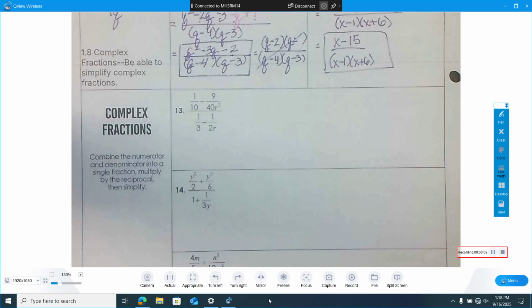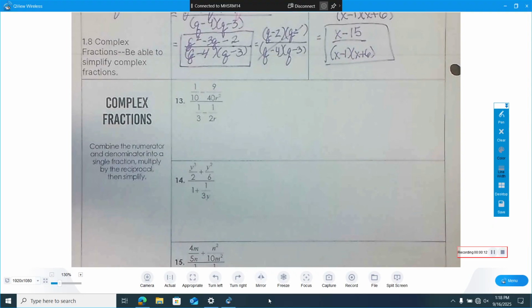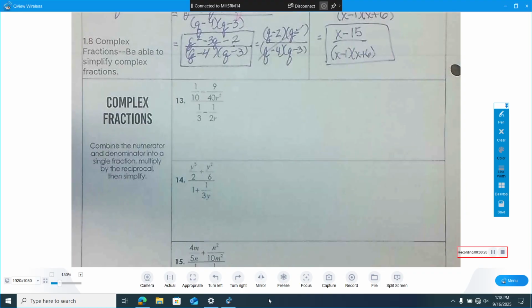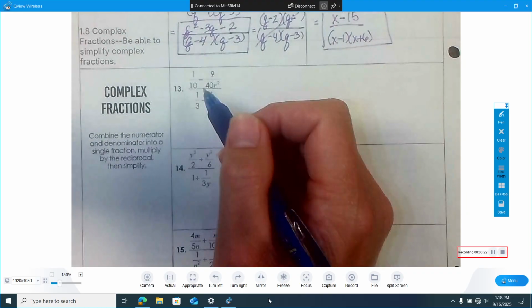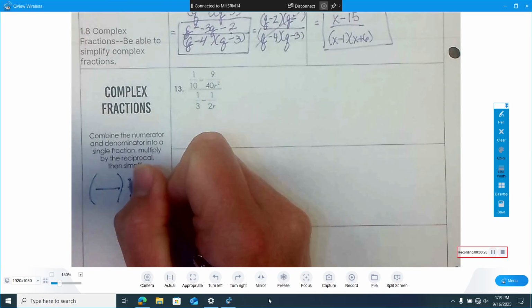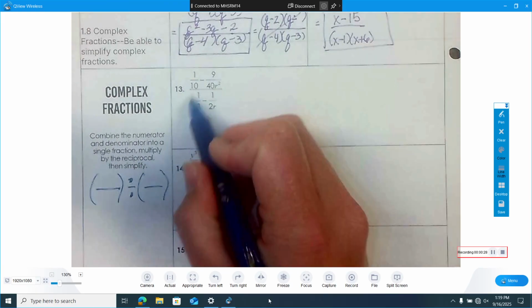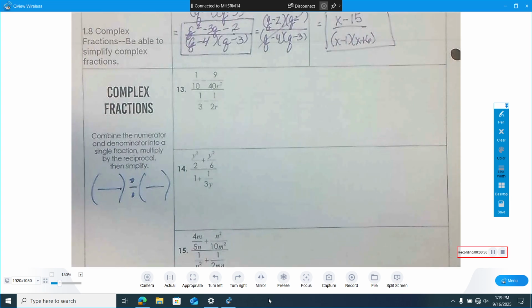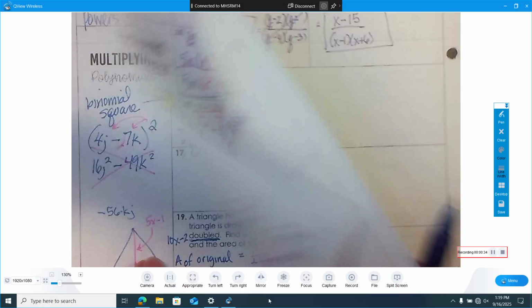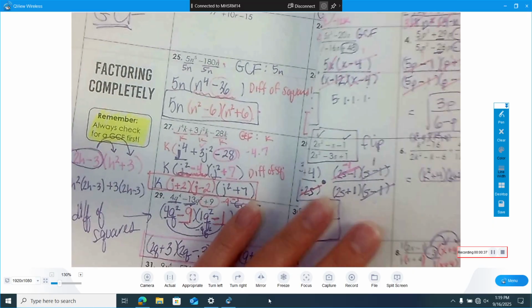Okay. So today we are simplifying complex fractions, which is essentially everything we've been doing. If you look at this first problem, it looks really complicated, but the reality is I have a rational expression that is being divided by another rational expression, which we've done already, on the previous page.